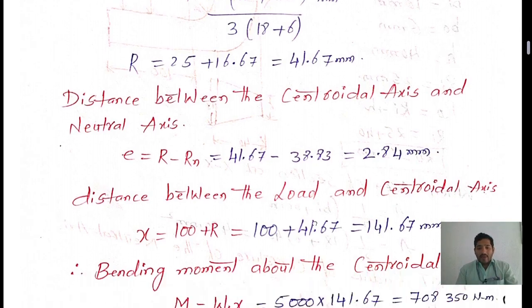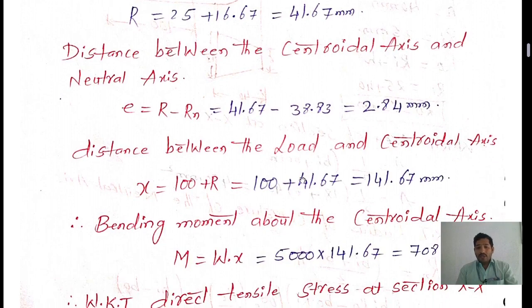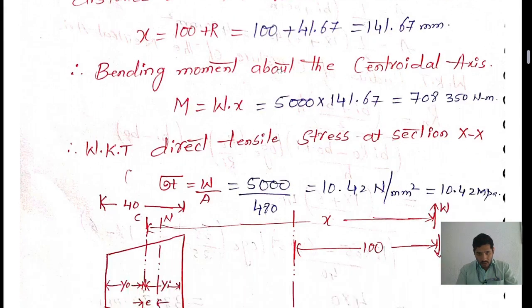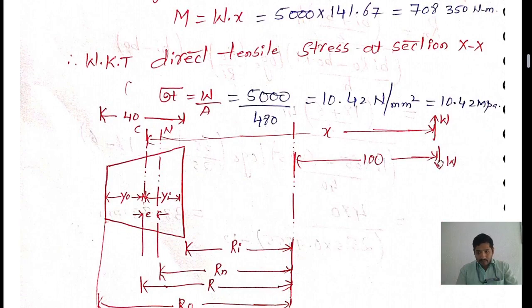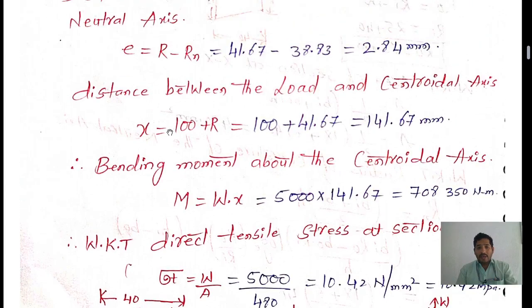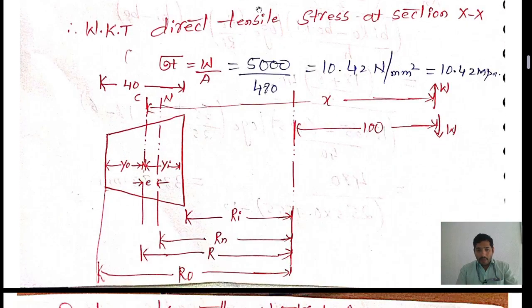Clear? Again, we need to find the distance between the load and the centroidal axis. From here to here, how much is there? I represent it as x, which is equal to 100 plus the radius, because we want to measure up to the centroidal axis.